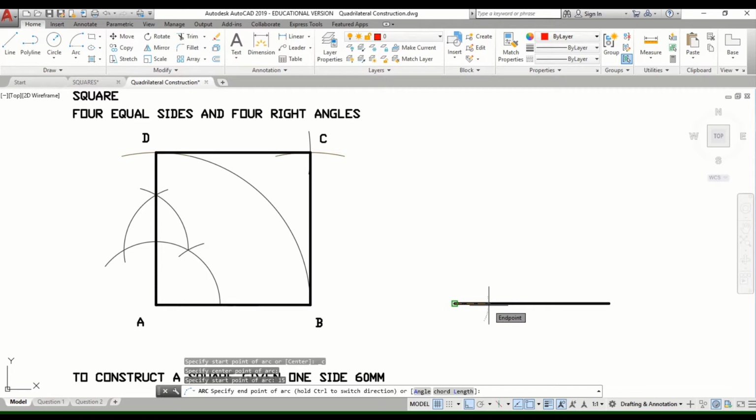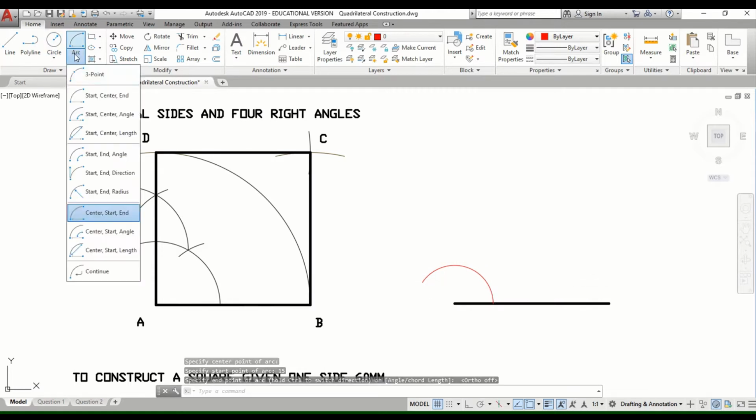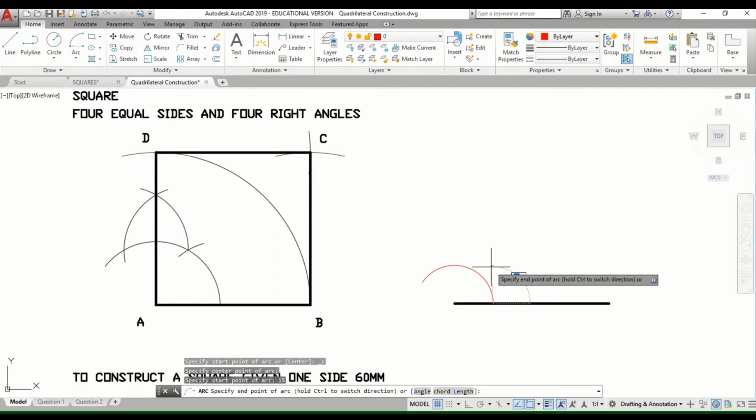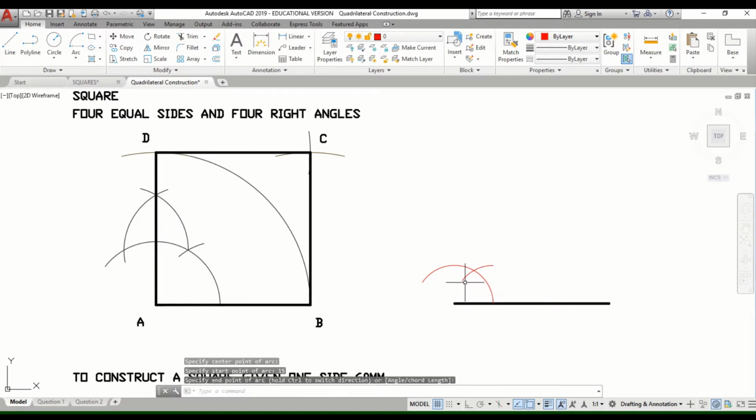Enter. Now I started on the line, our arc must start from on the line. Take off the auto tool, and we will draw a large arc. To ensure that our angles come out correctly, we are using the same measurement in every instance. So we are using 15 centimeters or 15 units for our arc measurement.